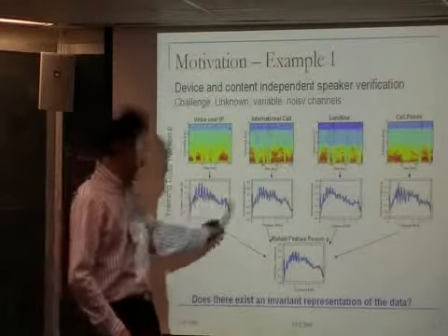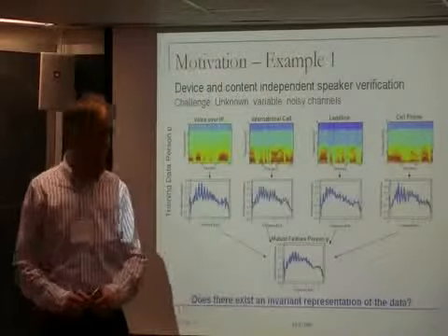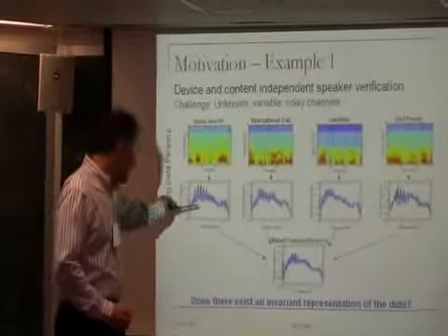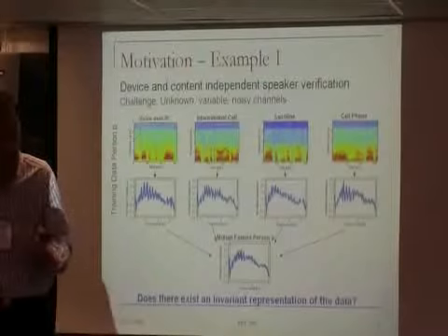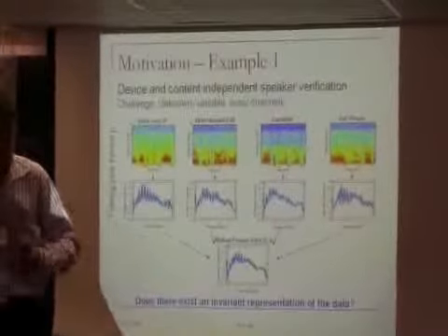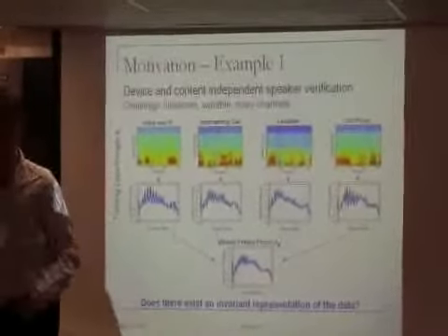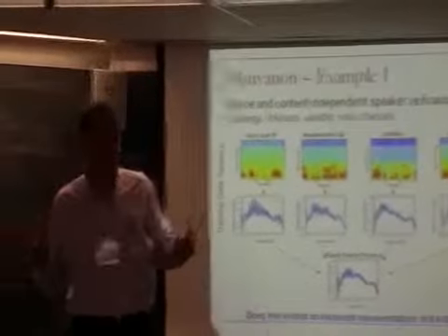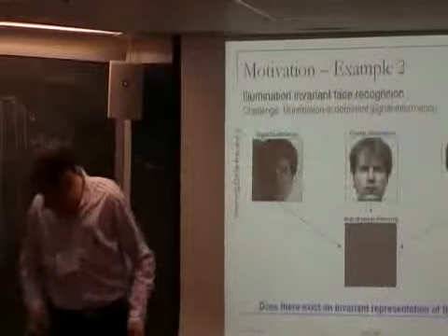And as you see, there are similarities, but there are also some big differences. Well, the question is, is there something that's representing the physics of the process? So there's a vocal tract, there's a unique physiognomy for person X, person Y. I'd like to capture that somehow. Is that possible? Does there exist an invariant representation?